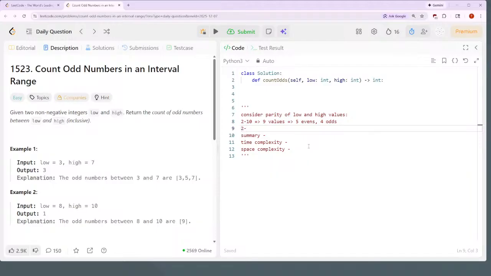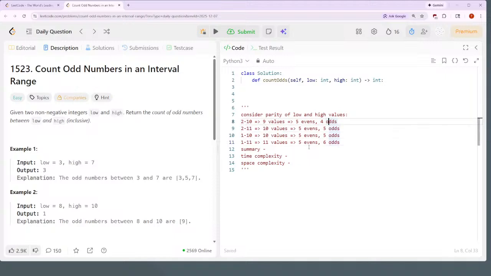If this was 2 to 11, just modifying it up by 1, that'd be 10 values. 11 minus 2 is 9 plus 1 is 10. And here this is 5 evens, 5 odds. Similarly, if this was 1 to 10, 10 values, 5 evens, 5 odds. And if it was odd and odd, let's say 1 to 11, 11 values, this would be 5 evens, 6 odds.